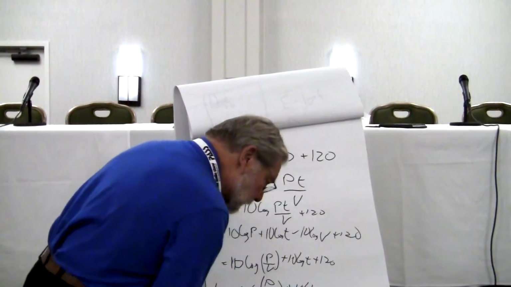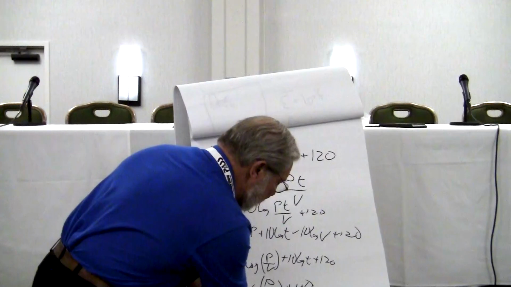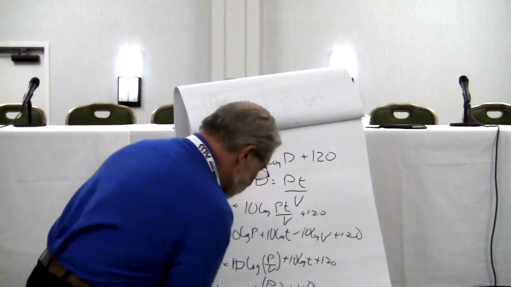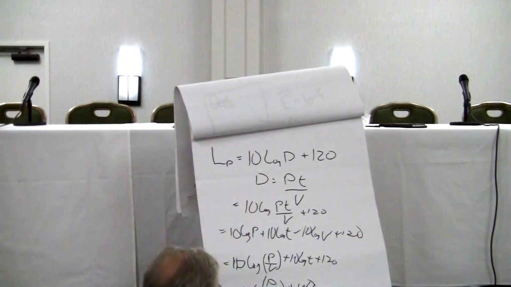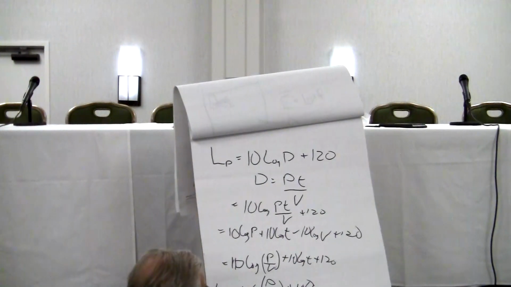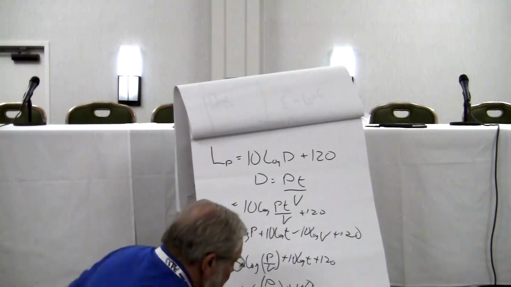So 10 log T, if you calculate that out, equals minus 9. And then we have plus 120. So the formula becomes 10 log P over V plus 111. And that's a sound level that you read with a sound meter.